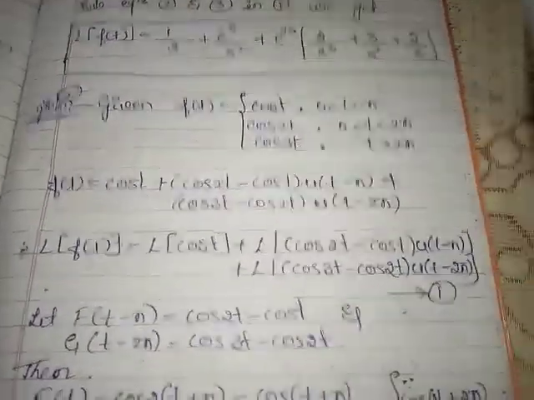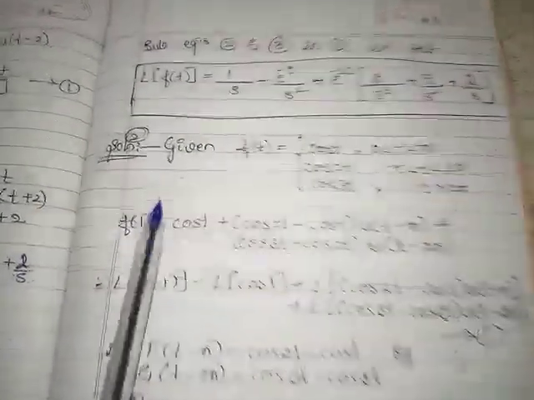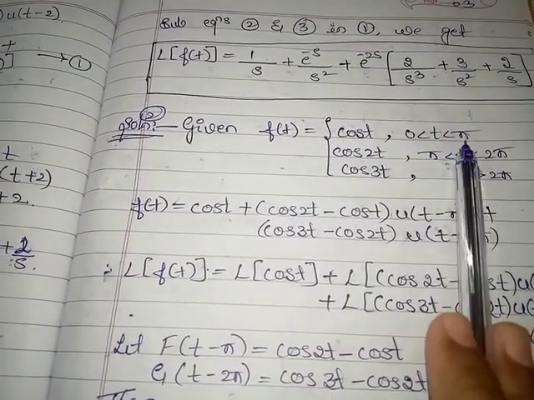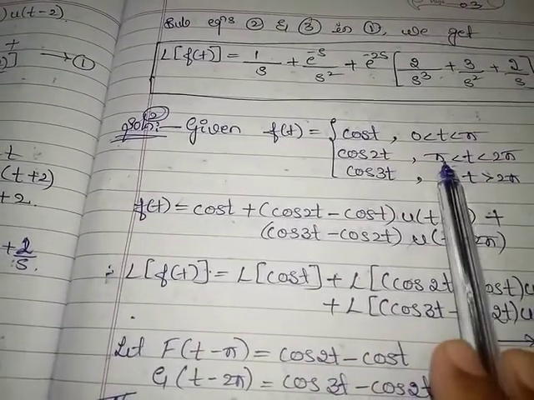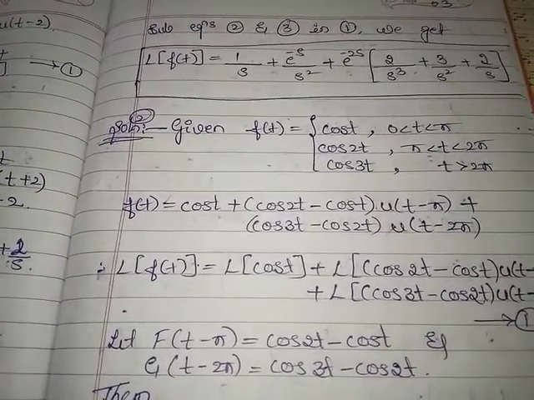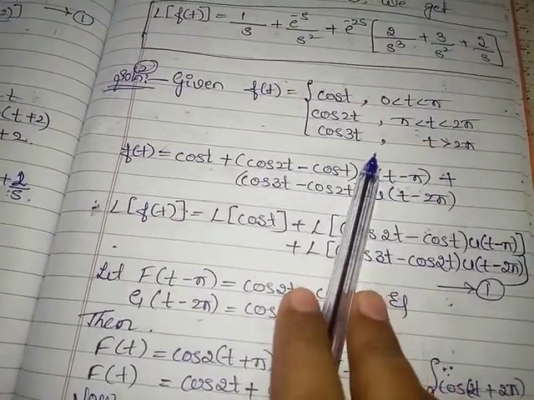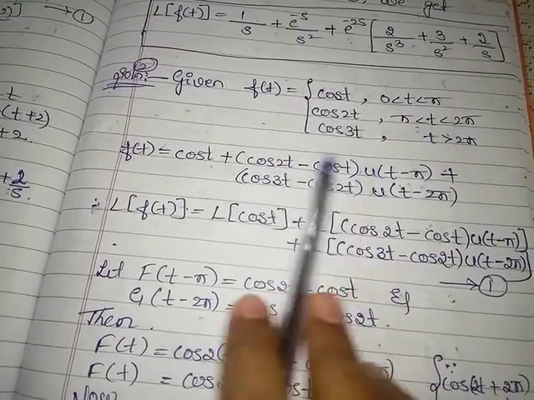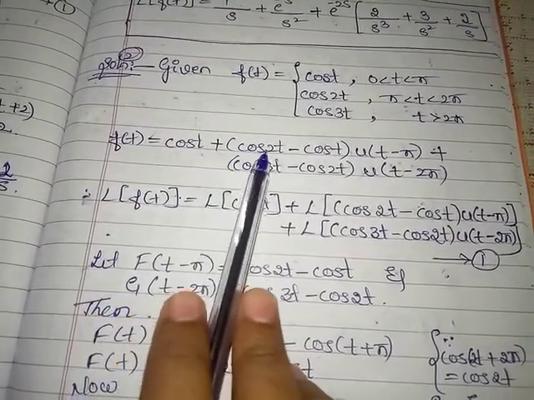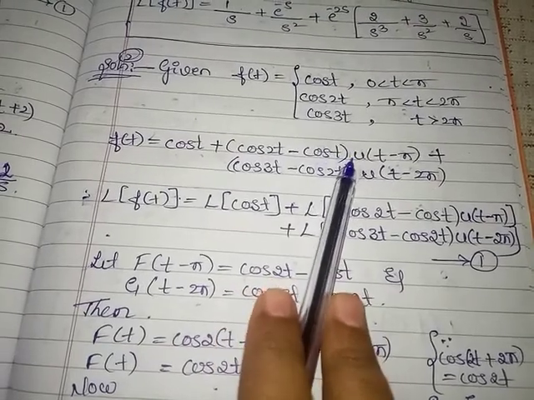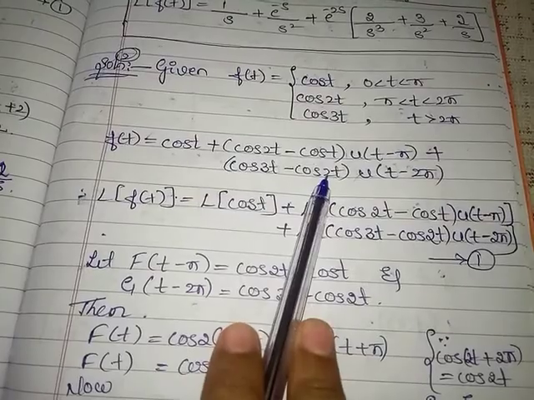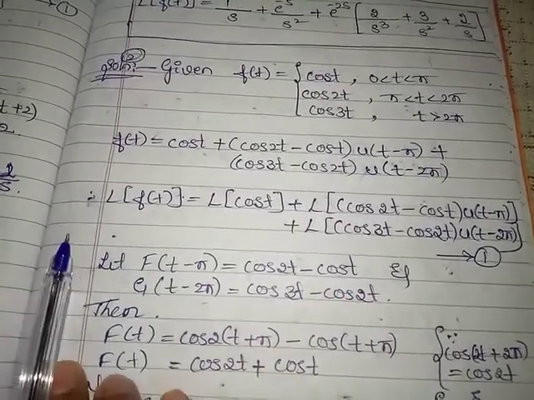Next is the second one. Given f of t is equal to cos t where t lies between 0 and pi, cos 2t when t lies between pi and 2 pi, cos 3t when t is greater than 2 pi. Using the fourth property of the unit step function, we get f of t is equal to cos t plus cos 2t minus cos t into u of t minus pi plus cos 3t minus cos 2t into u of t minus 2 pi.